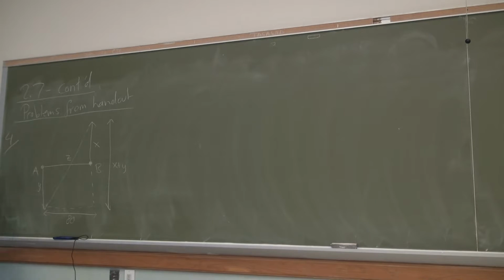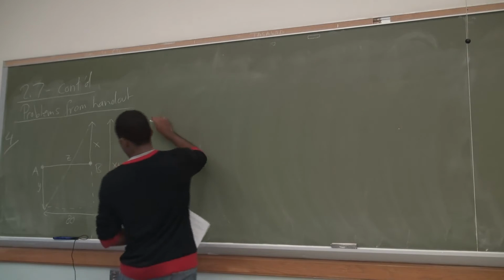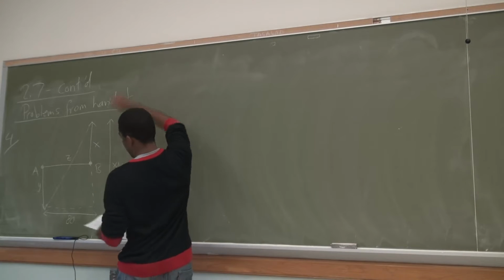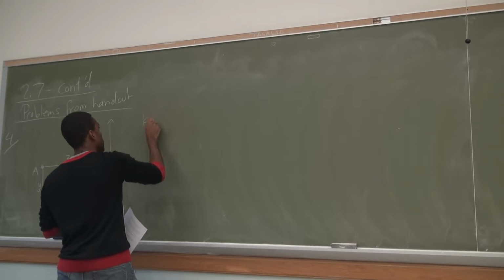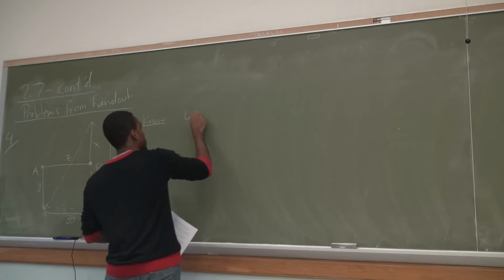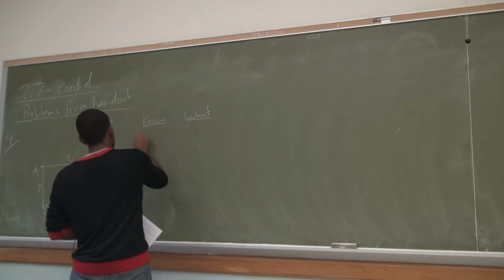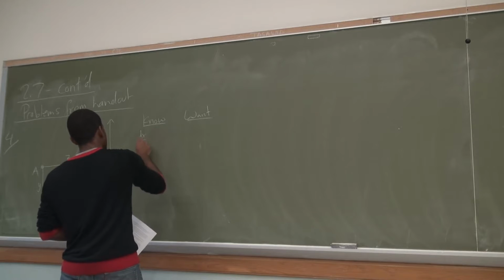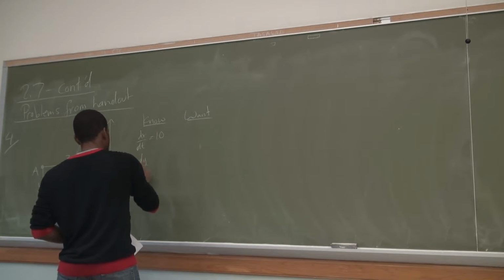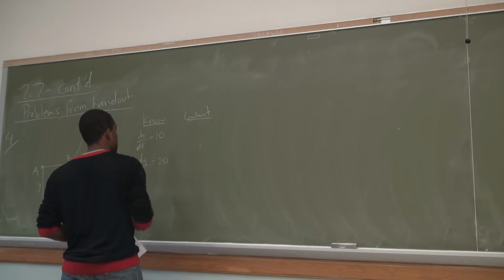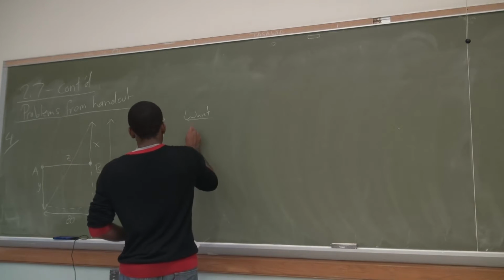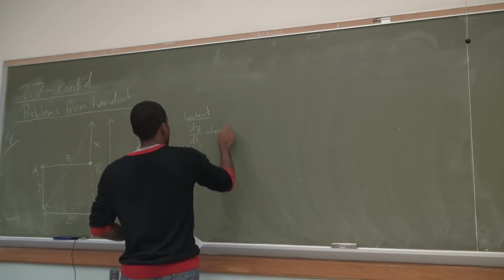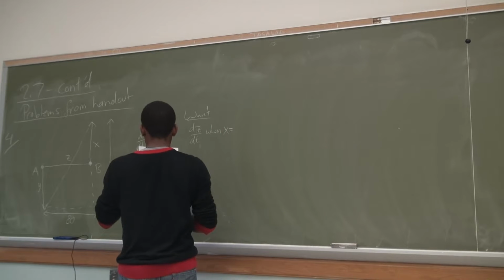So we read the problem, we wrote what we know about dx/dt, 10, and dy/dt, 20. We actually want dz/dt when X is 20.